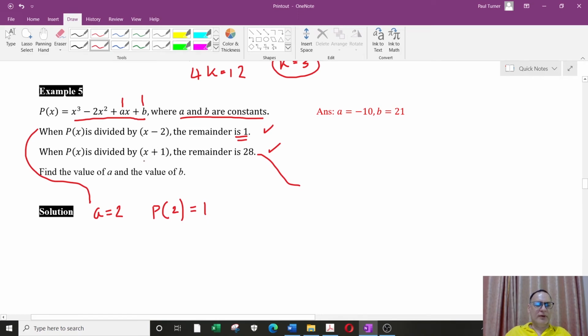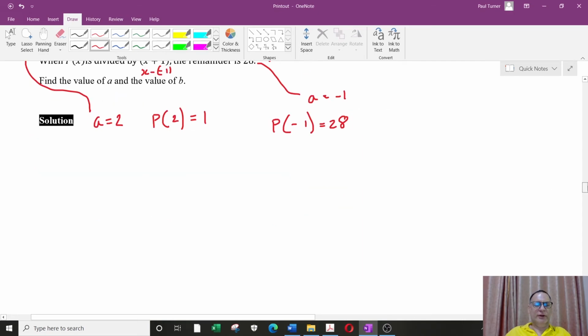So x plus 1 is the same as x minus negative 1. So the a value here is negative 1. So if we put that value into your polynomial, we will get 28 for the answer. So you can see we're going to end up with two equations now.